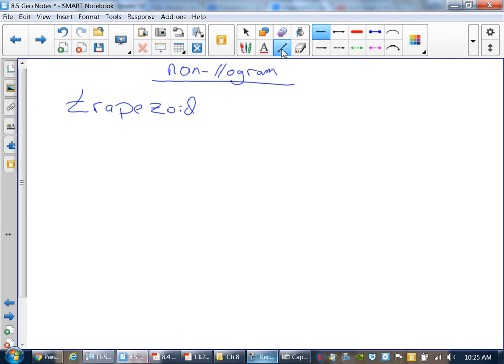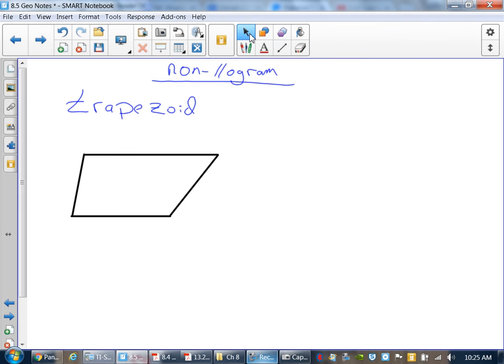Trapezoids have one set of parallel sides. They only have one set of parallel sides.